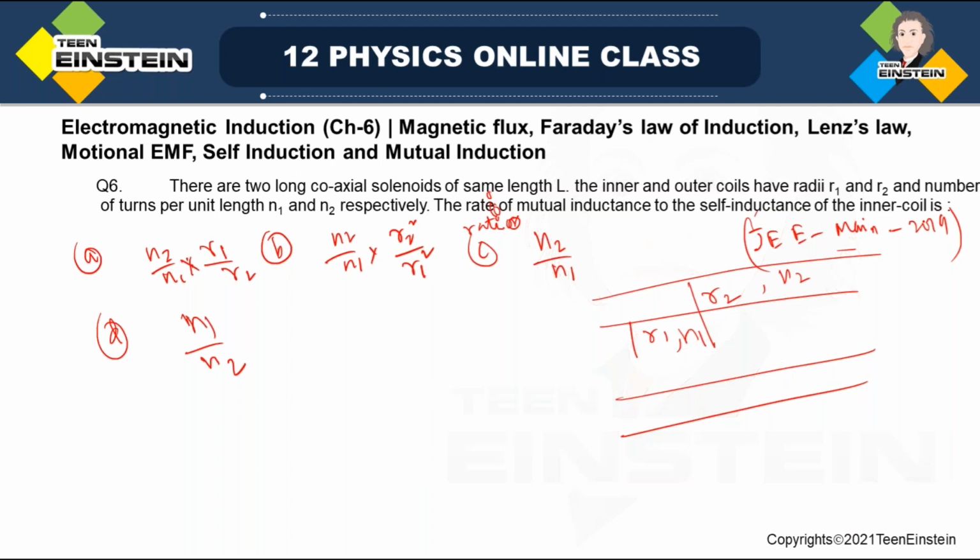Now if you can derive what is mutual inductance and what is self inductance, that is good, but that may take longer time. The only thing you can do is directly remember the mutual inductance for two circular coils.